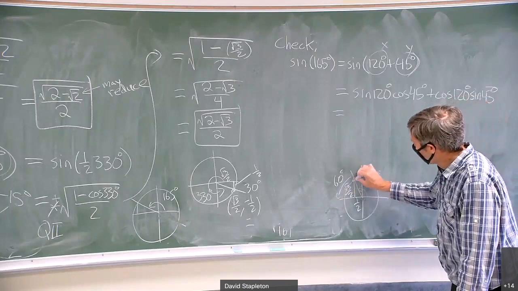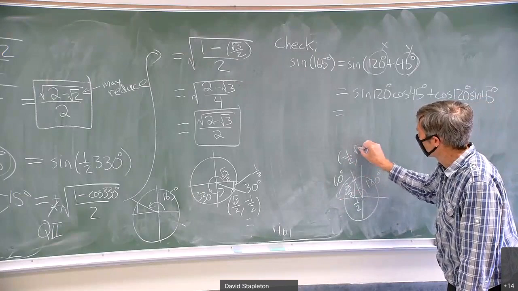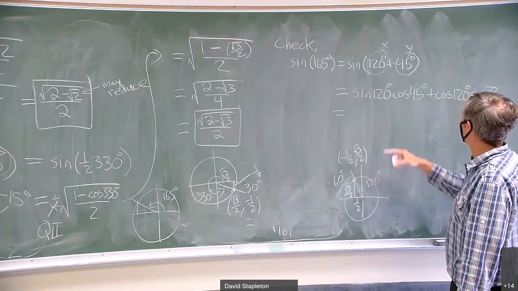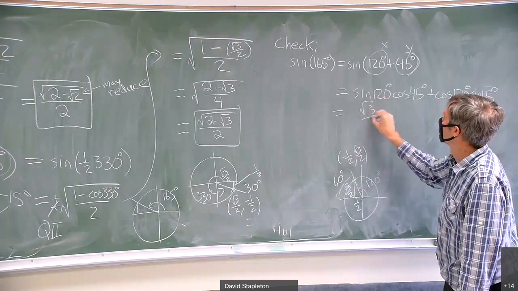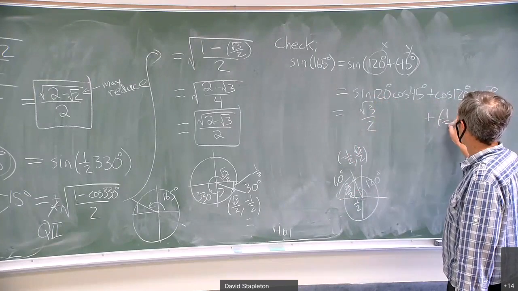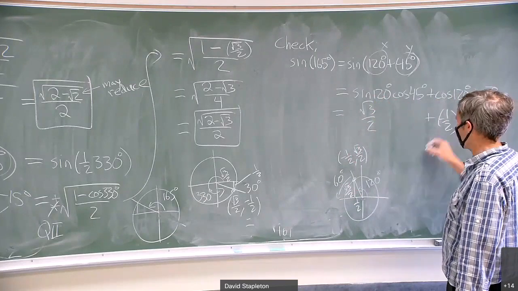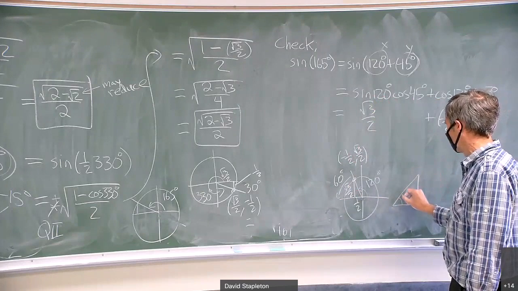And I observe the coordinates at that point are minus a half, square root 3 over 2. That must be the cosine and sine respectively of 120. So the sine is square root 3 over 2. The cosine is minus a half. And now sine and cosine of 45 degrees, I just use the special triangle. I don't need to put up any circle.